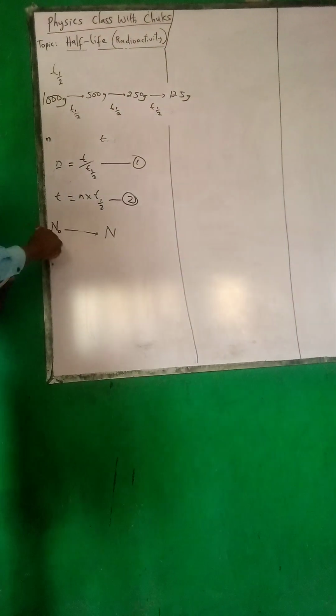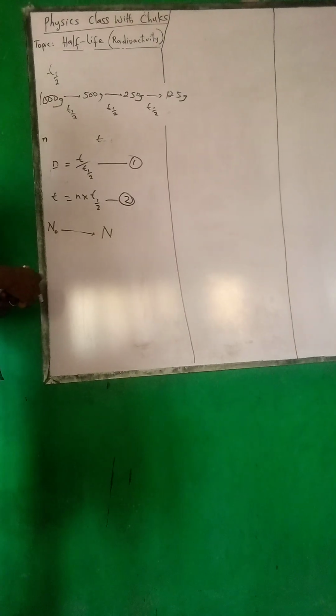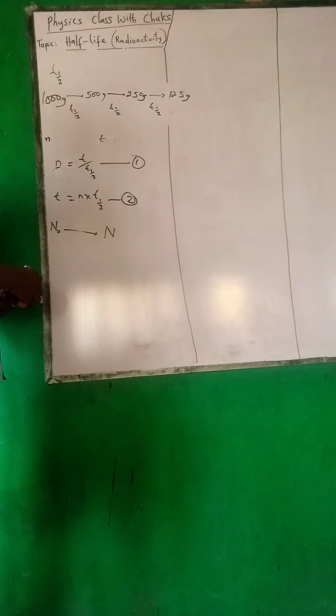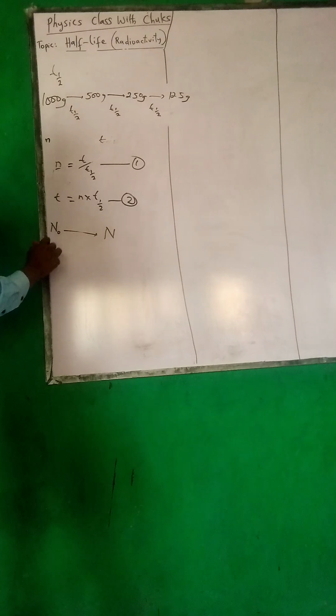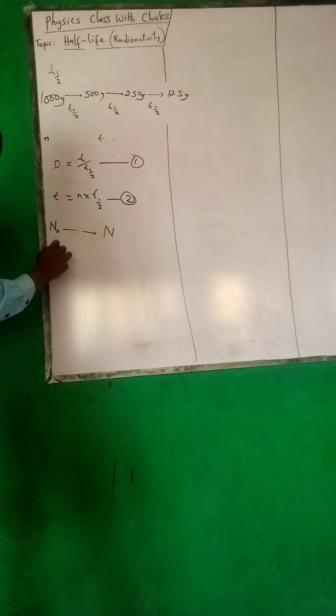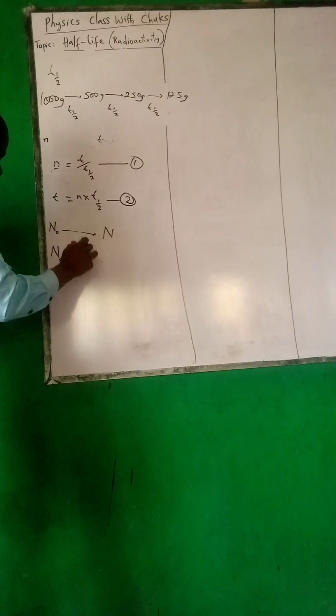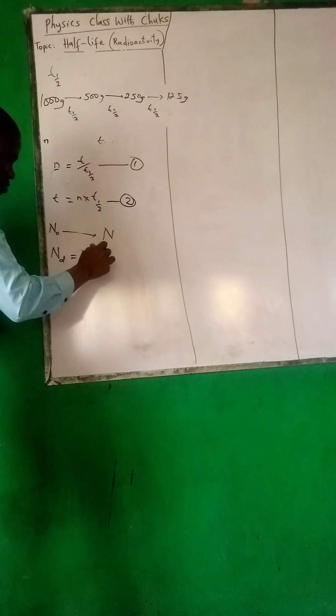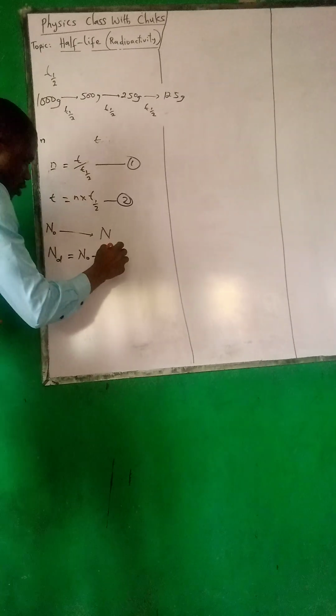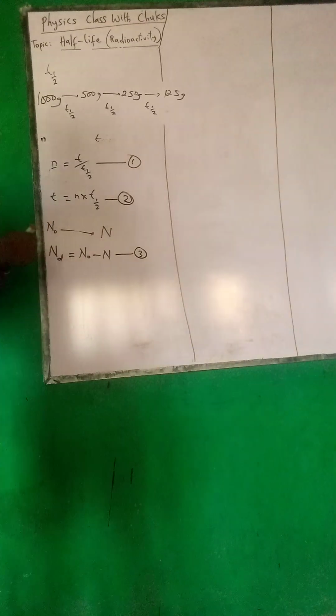Then, how will I get the amount that has decayed? I'm going to subtract. So the amount decayed, I'm using D for amount decayed, will be equal to initial amount minus amount remaining. And this will be my equation 3.